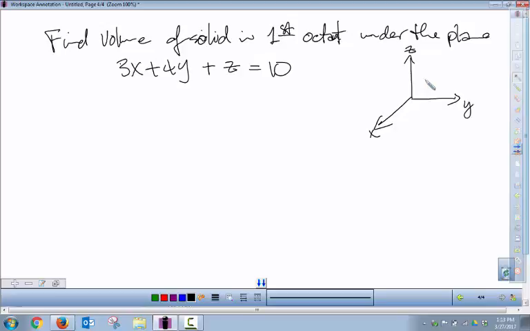So let's find some intercepts. How do I find the x-intercept? Set y and z equal to 0, right? So if I set y and z equal to 0, what point am I going to intersect here? And if I find the y-intercept, I'd set the x and z equal to 0.